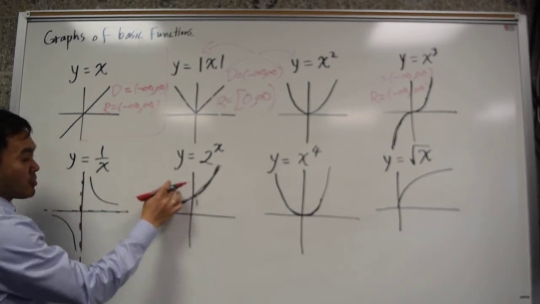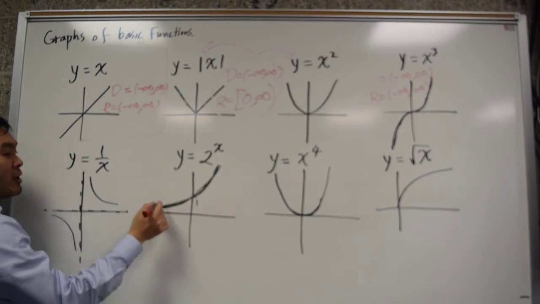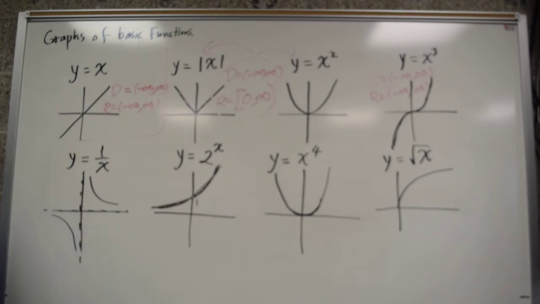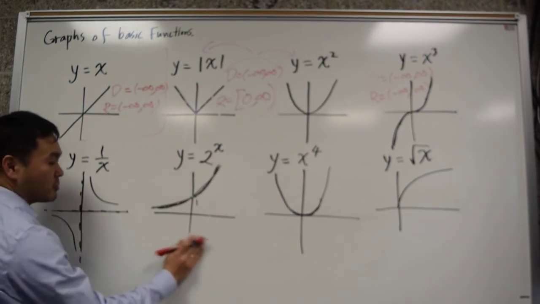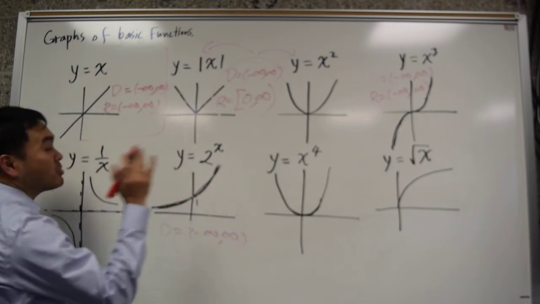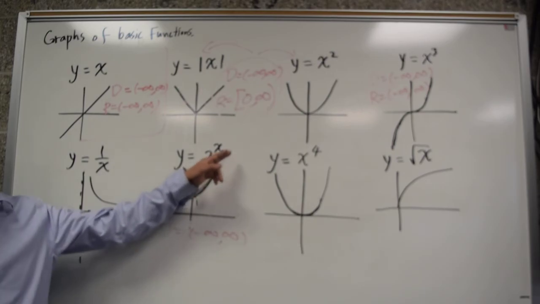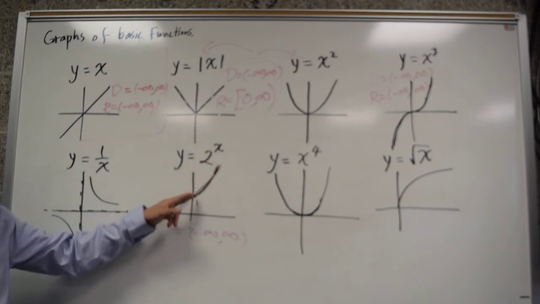Okay, let's think about this one. You can go right or left, and they always have some value, right? So this function has domain all reals. What's the range? It can go up, up, up, no problem. How low can it go?